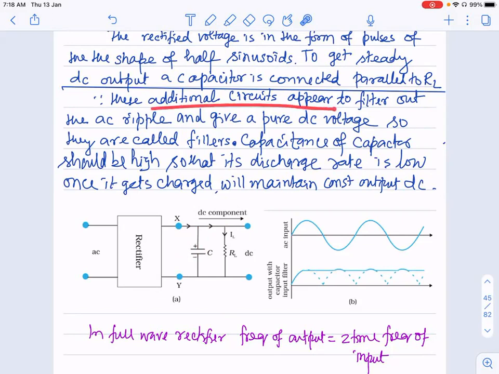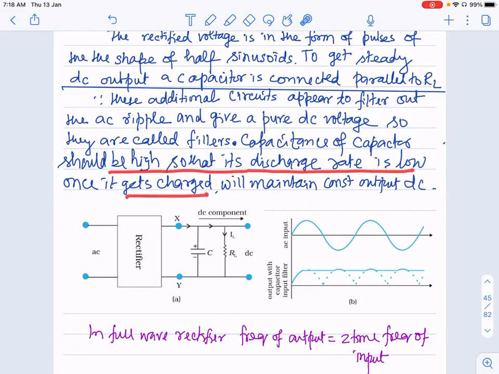So this additional circuit appears to filter out AC ripples. It will filter out these ripples and give pure DC voltage. So they are called filters. We can call this a capacitor filter. Capacitance of the capacitor should be very high so that its discharge rate is slow.